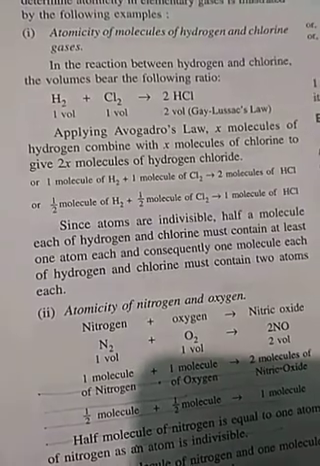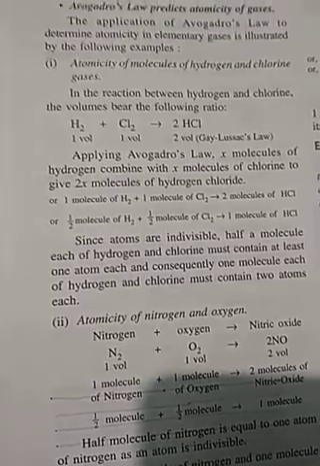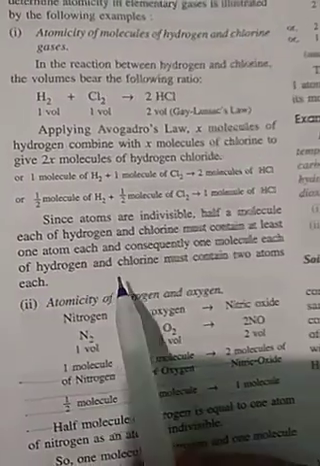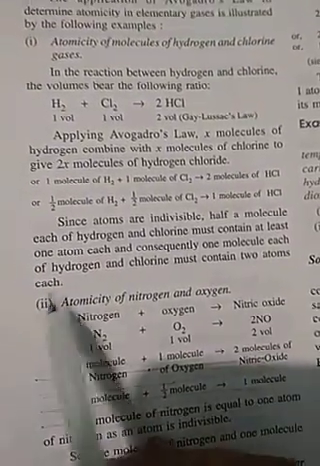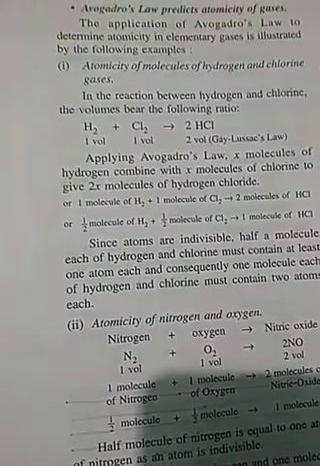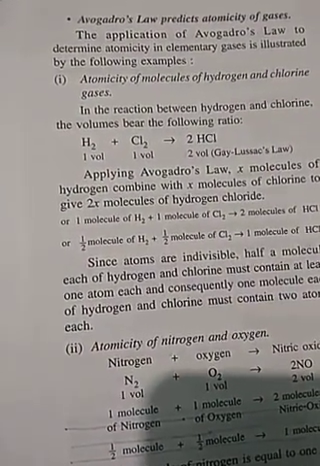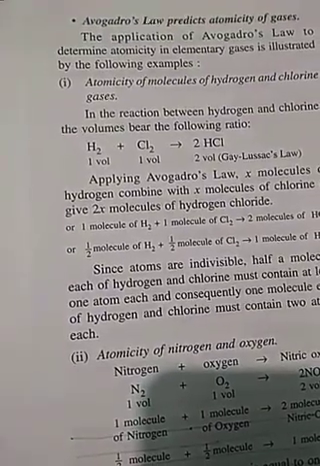That means we can say that hydrogen and chlorine must contain at least two atoms each. So its atomicity will be 2. By this we can say that Avogadro's law explains the atomicity.